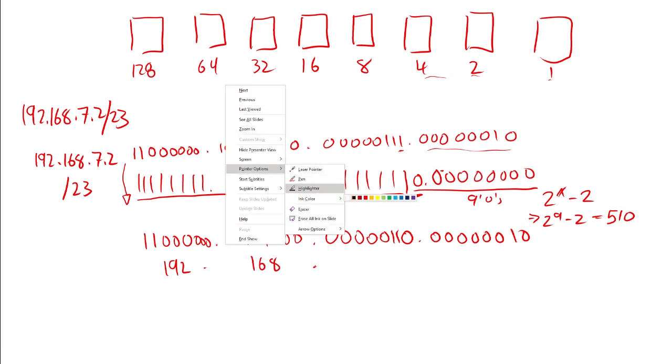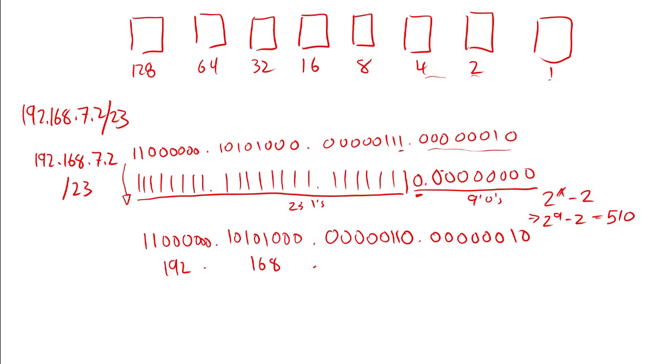Our first box is a 0. Second box is a 0. Third is a 0. Fourth is a 0. Fifth is a 0. Sixth is a 1. Seventh is a 1. Eighth is a 0. So we got 4 and 2. So that gives us 6.